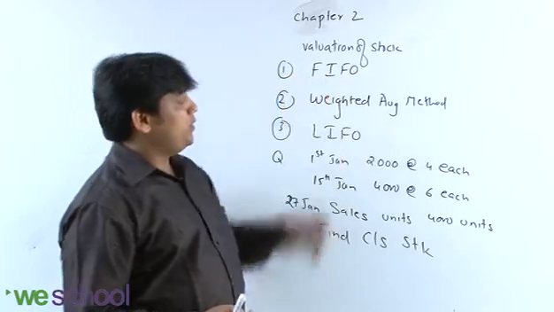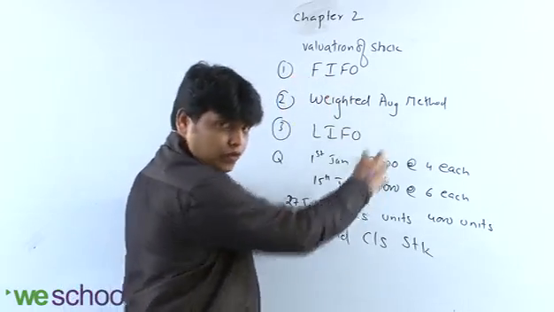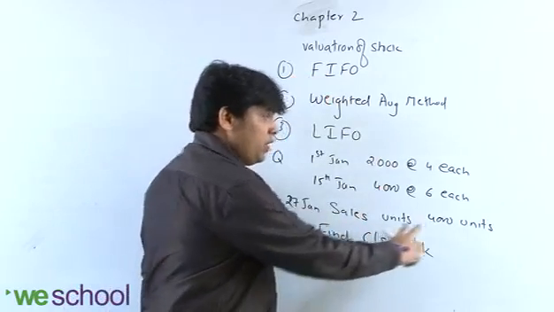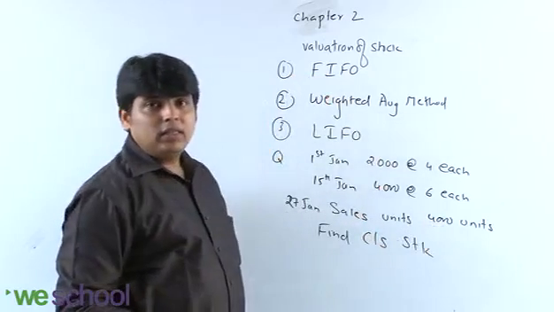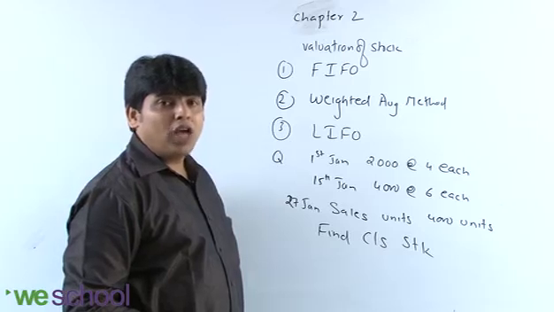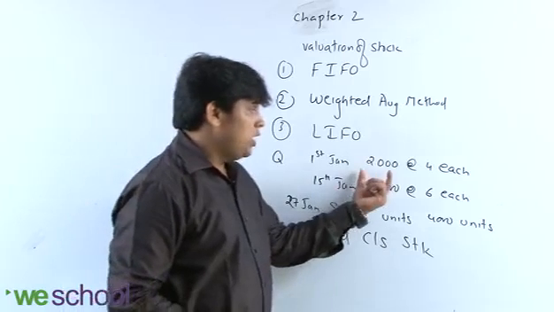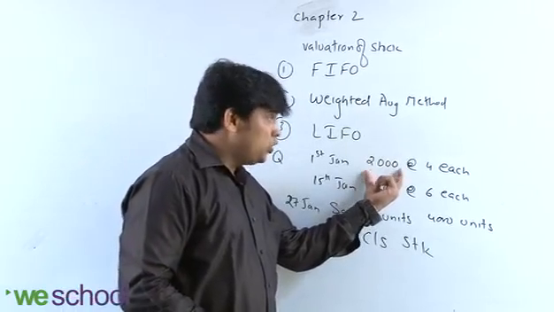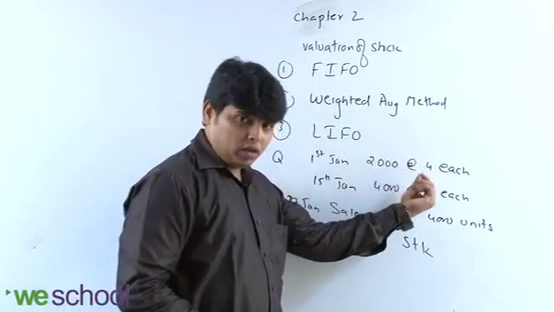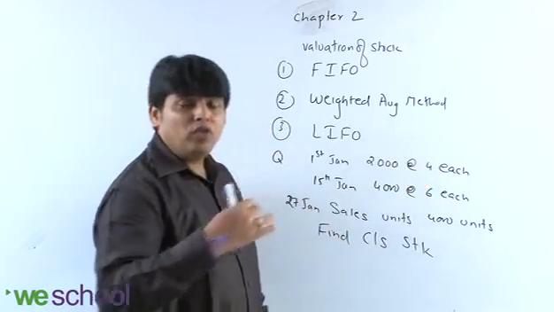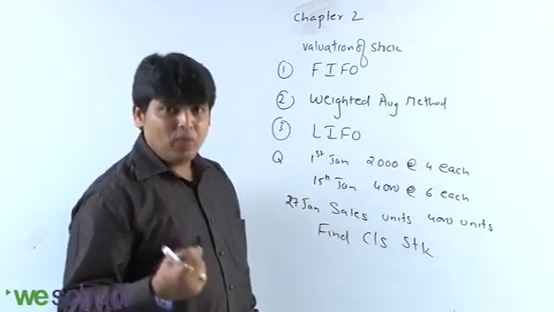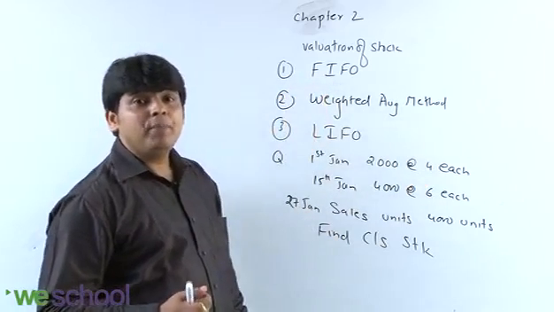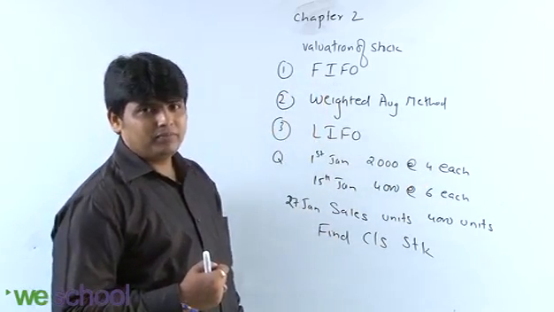Now as per the FIFO method, first in, first out, there is a sale of 4000 units. So I will first sell the goods that are 2000 at the rate of 4. Why? Because the FIFO method says first in, first out.